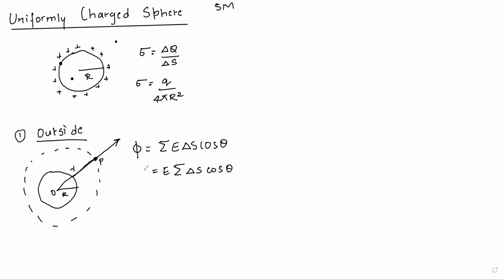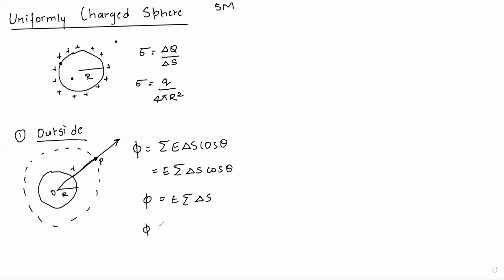Because the direction of the normal drawn and the electric field are in the same direction, this equation can be written as phi is equal to E into summation of delta S. Delta S is nothing but the area of the sphere, that is 4 pi r square.